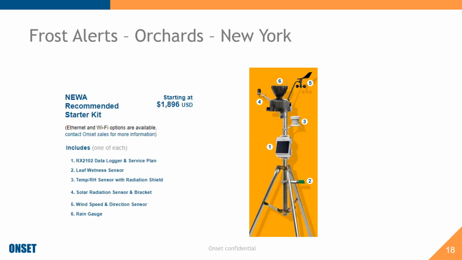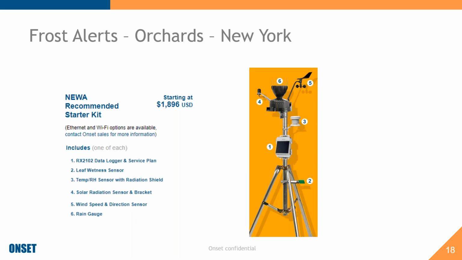The starting price point for a NUA capable weather station is just under $1,900. However, as mentioned in the use case we just talked about, after this, they added quite a few capabilities and ended up closer to that $5,000 range for all the bells and whistles, to cover their entire operation with a single system.